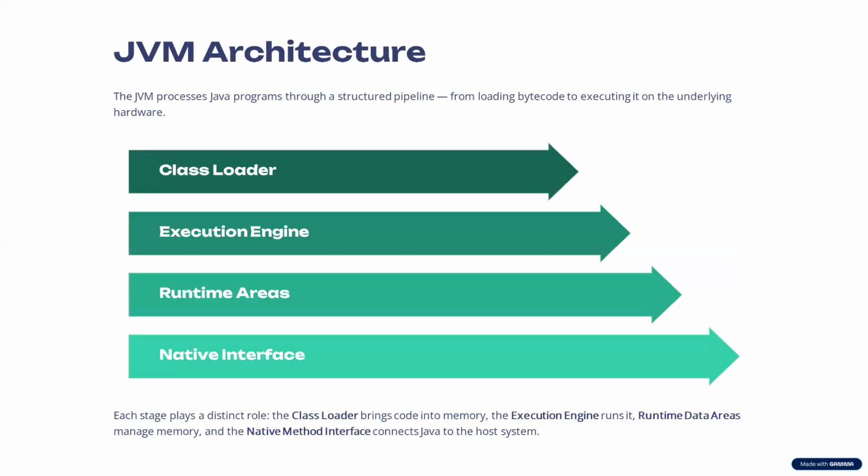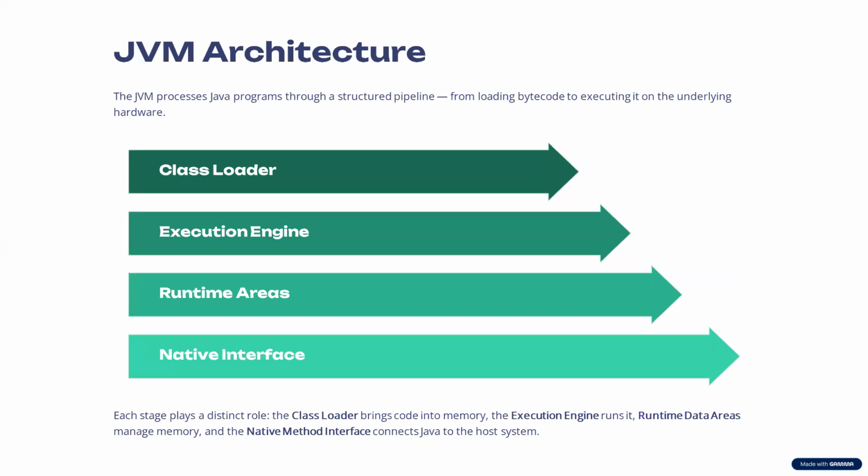This is how the JVM architecture looks. The JVM processes a Java program through a structured pipeline, from loading bytecode to executing it on the underlying hardware. First, the class loader comes into the picture. Then the execution engine, then the runtime data areas, and then the native interfaces.